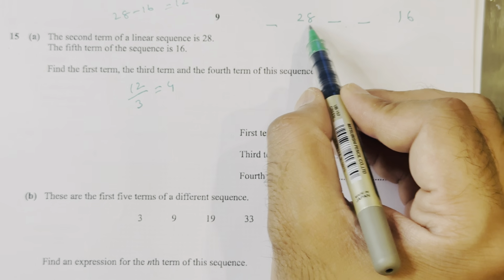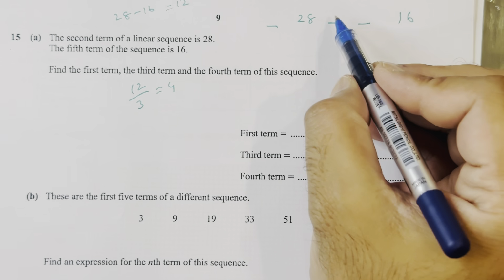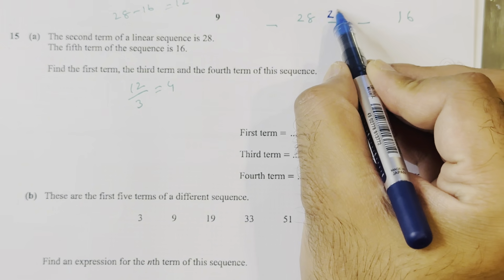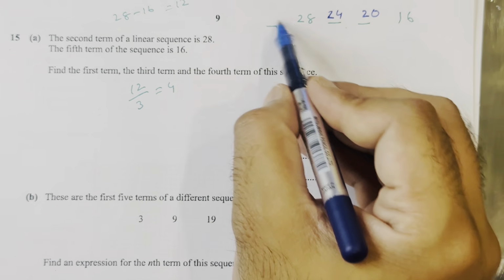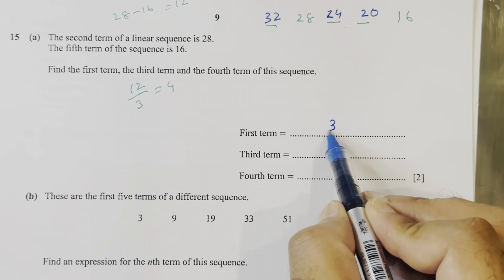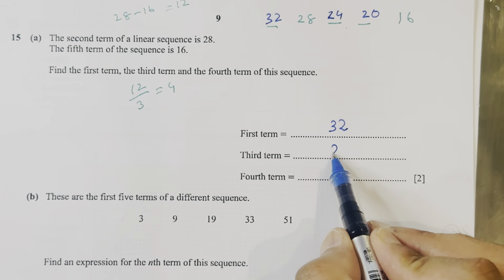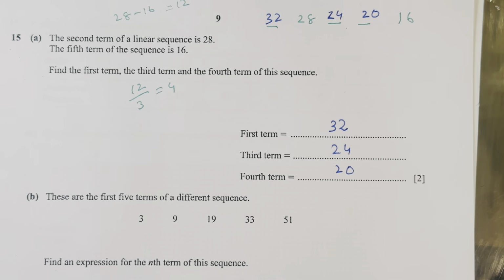So we're going to subtract 4 from 28, 24 minus 4, the answer would be 20. And by adding 4 to 28 we get 32. So the first term is 32, the third term is 24, and the fourth term is 20. So this was an easy question.